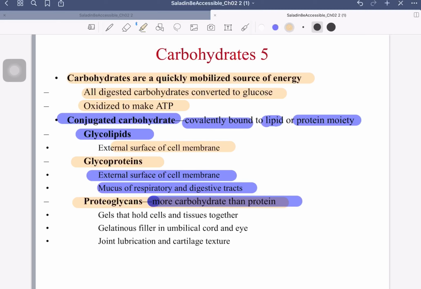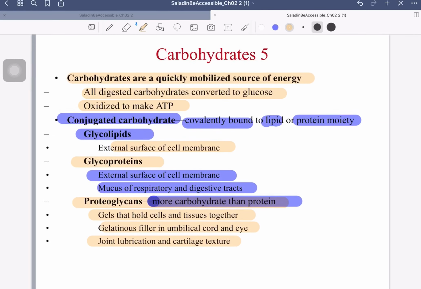These are gels, and typically we see these as gels that hold cells and tissues together. They tend to hold a lot of water and moisture within them. You can find them in the umbilical cord, in the eye, and they're also important with joint lubrication and cartilage texture because of their ability to hold on to moisture and some of their design features, which we may talk about down the road.